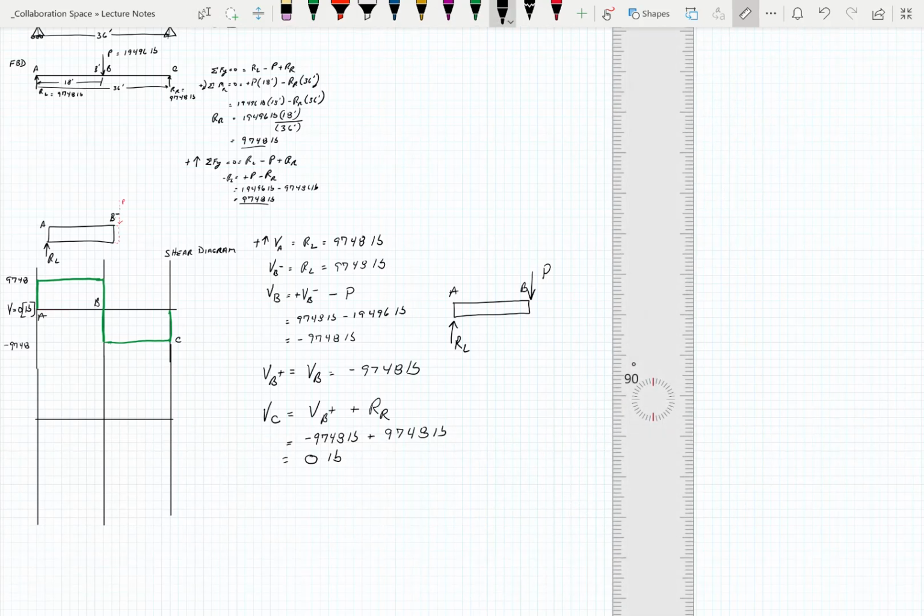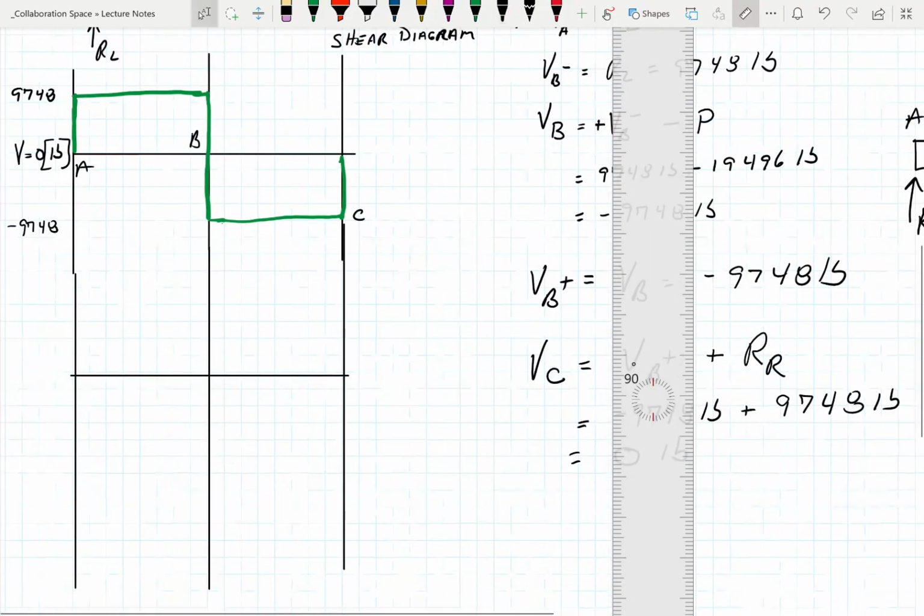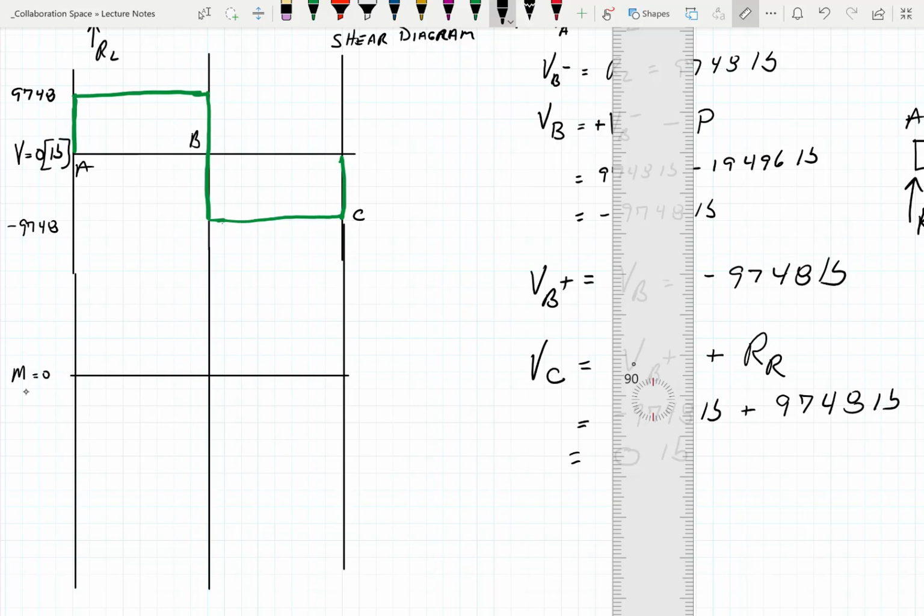Now life's going to get a wee bit more complicated. So let me zoom in on this. That's our moment equal to 0. This is in pounds, feet, right? Because we were using feet earlier. Okay.